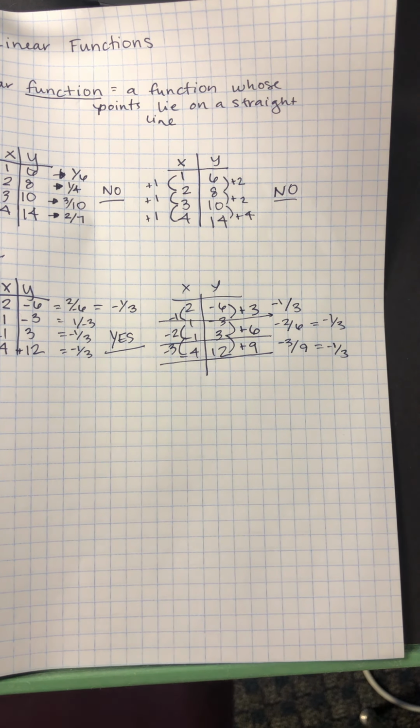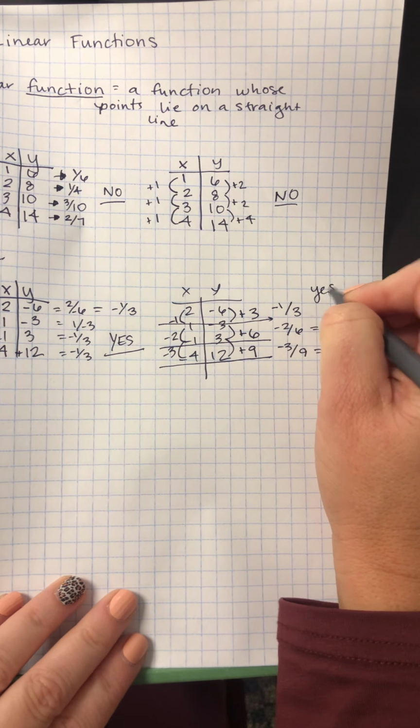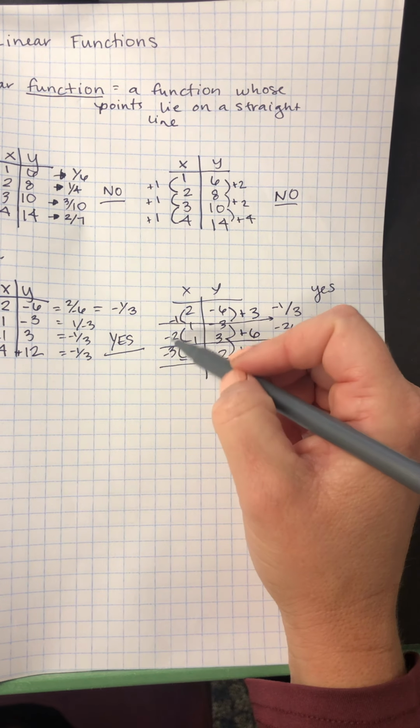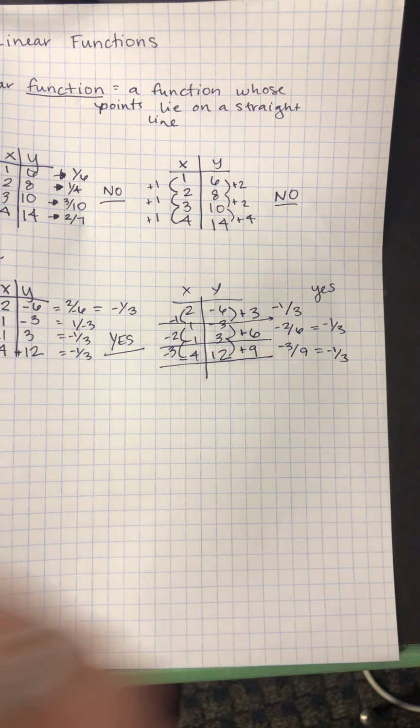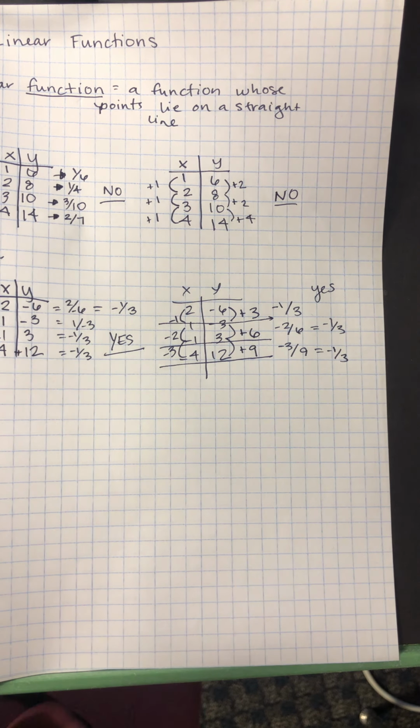Yes, Jacob. Couldn't you just do the same thing again with the 3, 6, and the 9? Because you get 3 for each of them. You notice that the change is the same, right? These all went by -1. These all went up by 3. Totally okay with that.